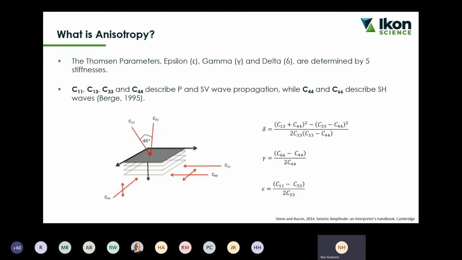For example, with epsilon, we're looking at the vertical and the horizontal component, so as you move between the two, that's what epsilon is describing. Each of the other parameters has some contribution of the P wave and the S wave, and those parameters ultimately form the model which modifies the velocities to account for anisotropy.